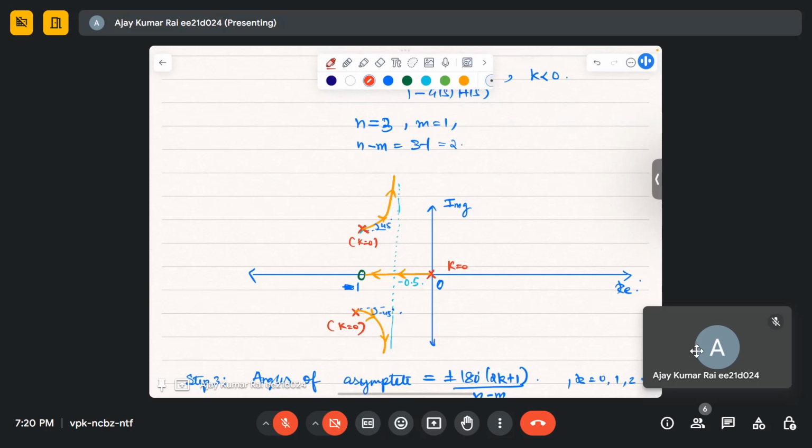So if I plot both the root locus here, okay, let me choose. In step 2, in the previous case, what was the root locus looking like? It was looking like this.